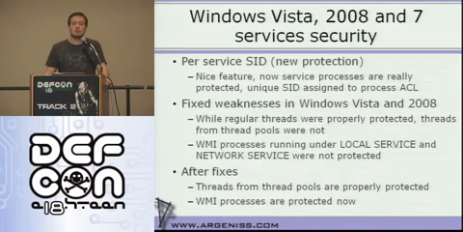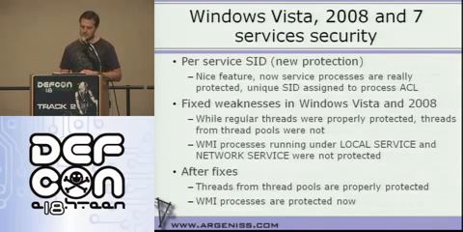On Windows Vista, 2008 and Windows 7, one of the new protections added by Microsoft is called per-service SID. Basically, they put a special ACL in the process object.